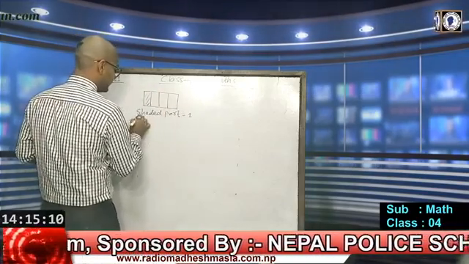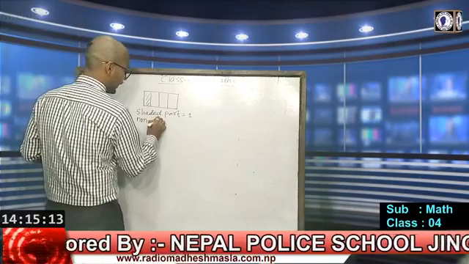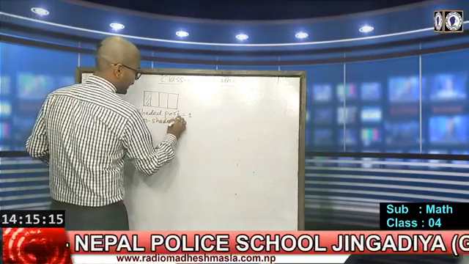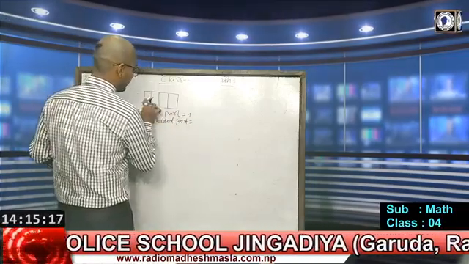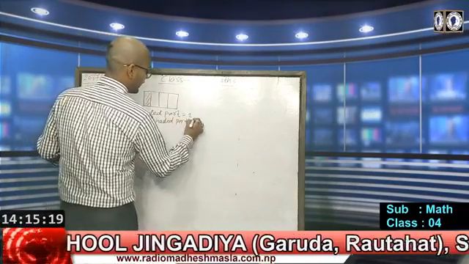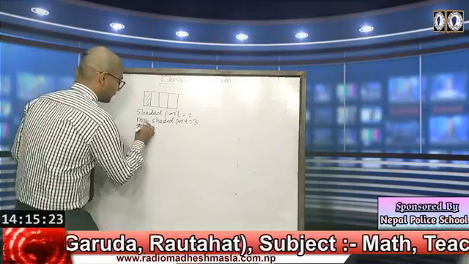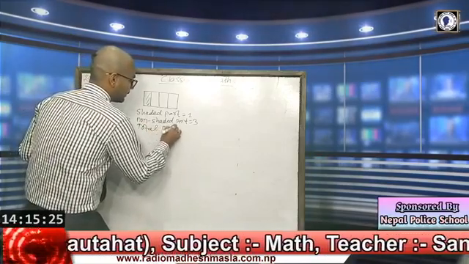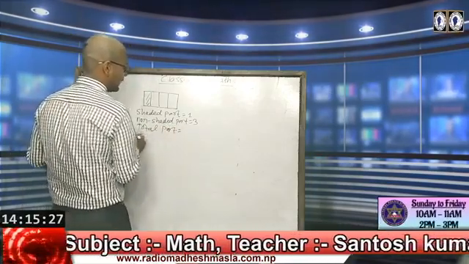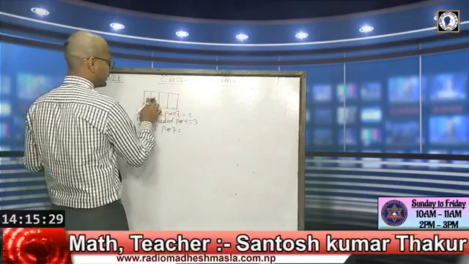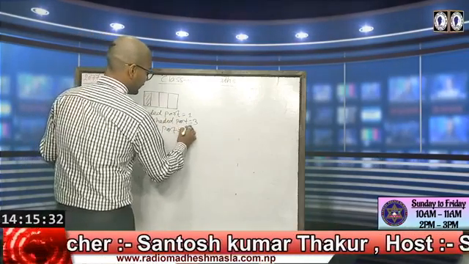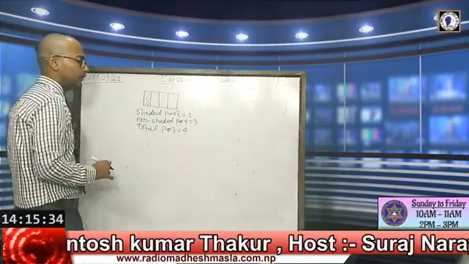The non-shaded part is 3 parts. And how many parts are there altogether? 1, 2, 3, 4. The rectangle is divided into 4 equal parts.